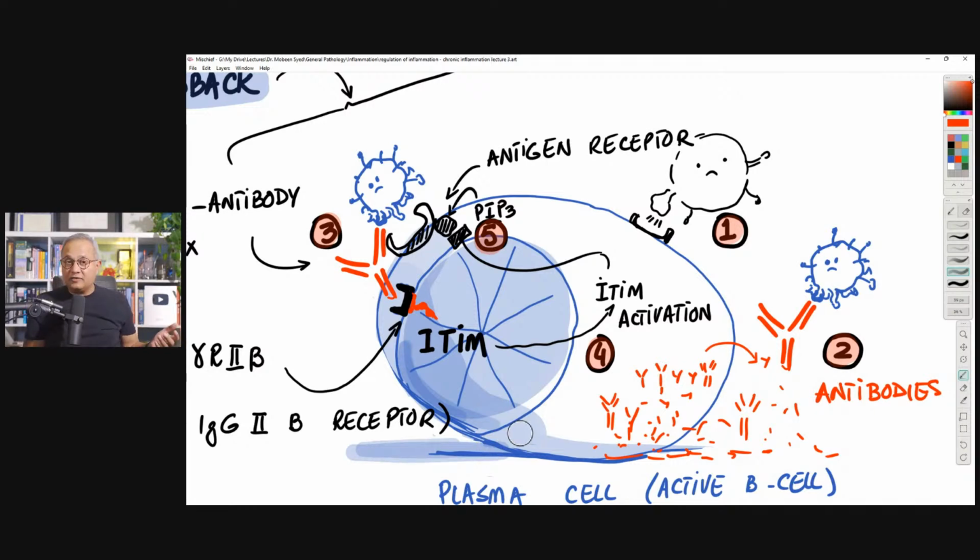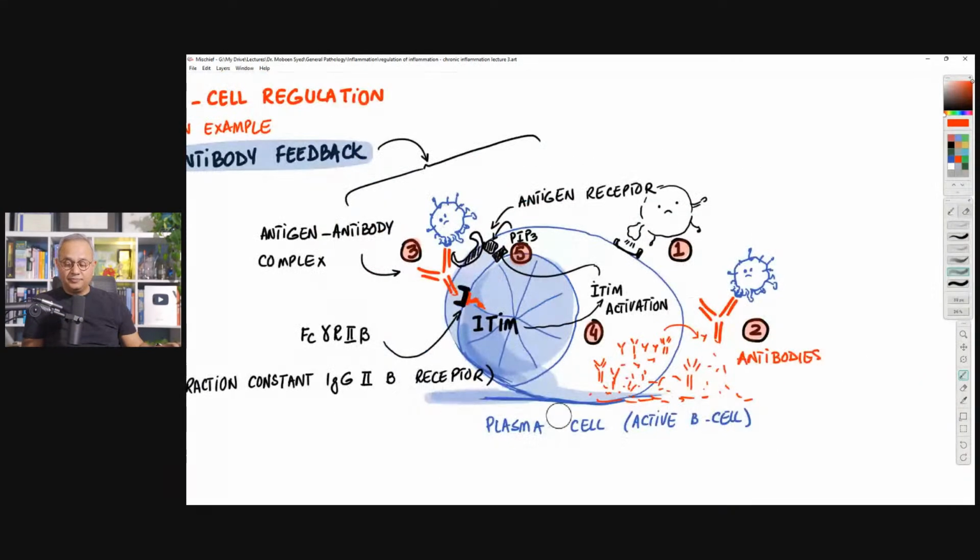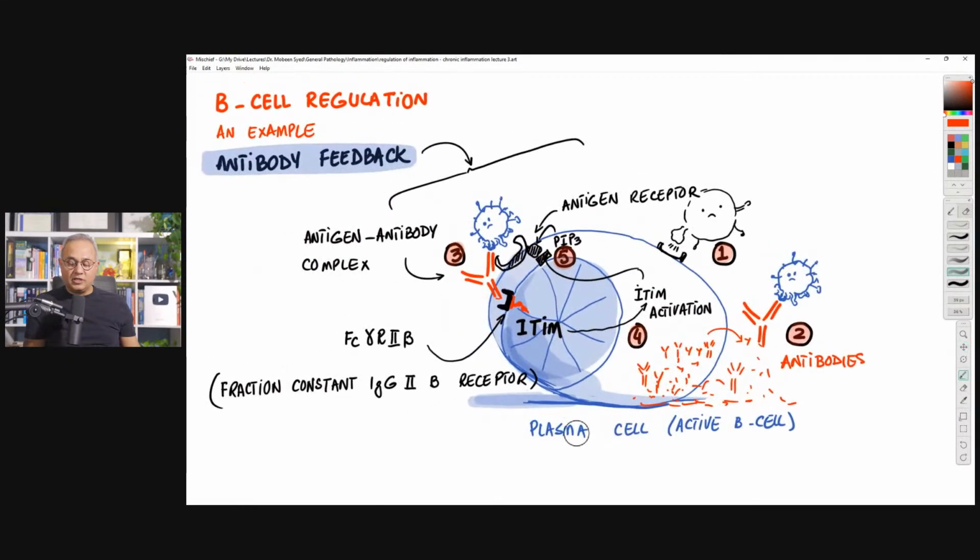So, will the B cell continue to work? Yes. Will the B cell make more antibodies? Will it become more excited? No, because there is this regulatory mechanism that is going to bring the B cell down. Now, think about it. If somebody's B cell receptor for Fc gamma isn't working correctly, or somebody's Fc gamma does not bind here correctly because there is a genetic problem producing the correct IgGs, then will this B cell stop working, stop making antibodies?